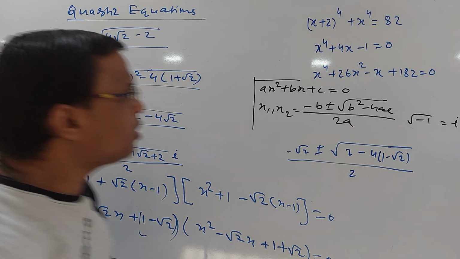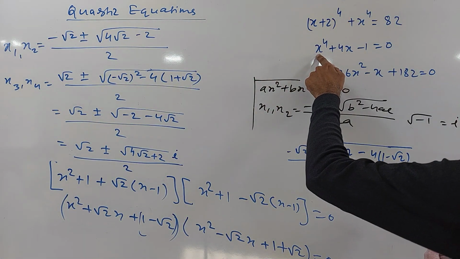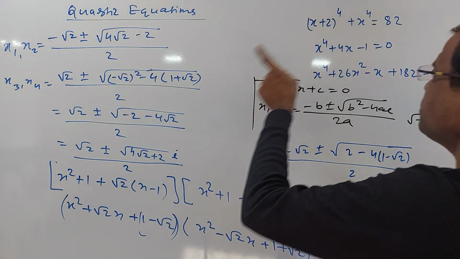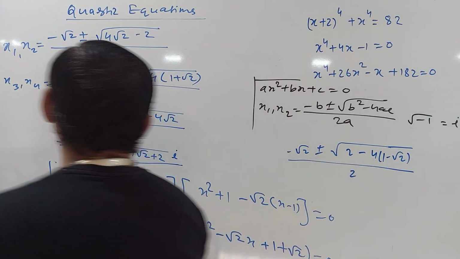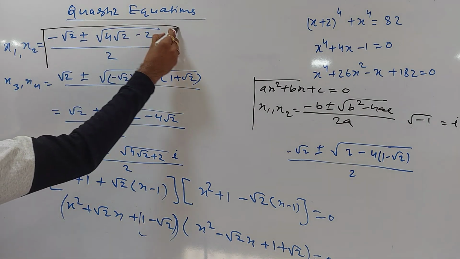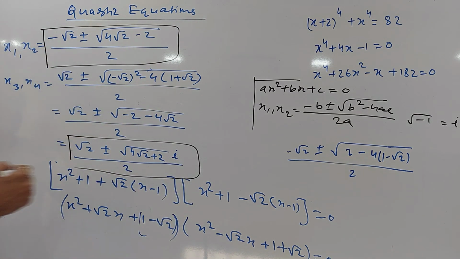Our equation was what? So let us compare with Descartes' rule. It is one sign change, so there should be one positive root. Check out, we got this. And what else? This. So we have 2 plus 2, 4 root.